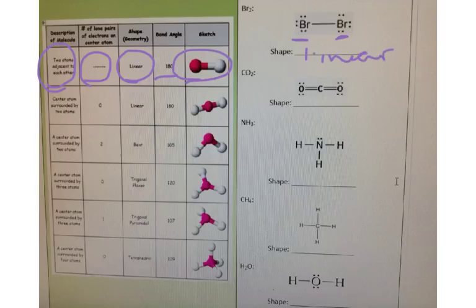My next one I'm going to want to do is CO2. I actually have a central particle, and that would be the carbon. The carbon is directly attached to 2 different atoms, and you also need to look at the lone pairs located on that carbon, and this carbon has 0 lone pairs. So what I'd be looking for is a center atom that's attached to 2 atoms.